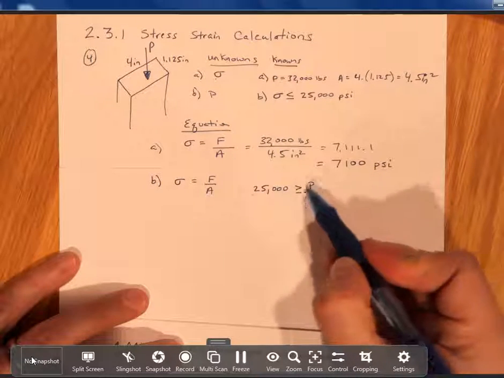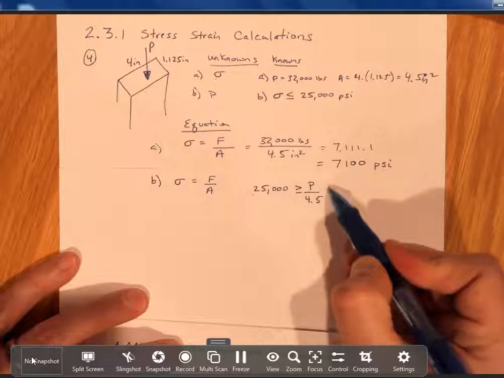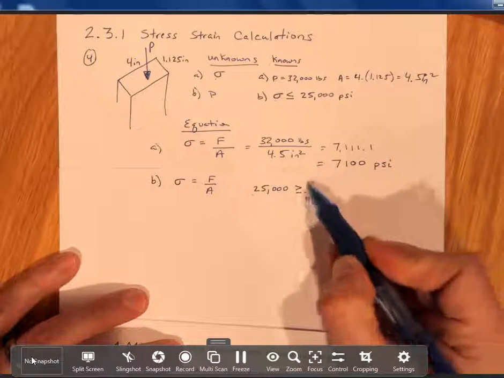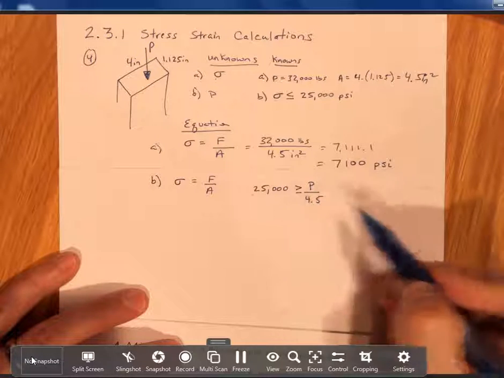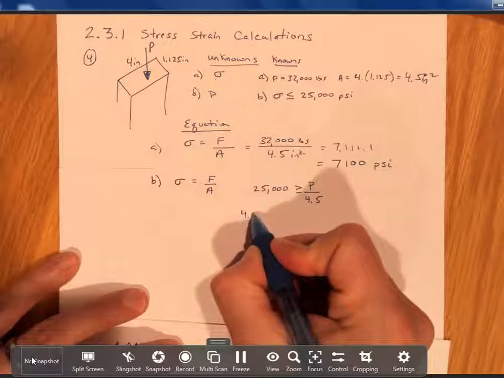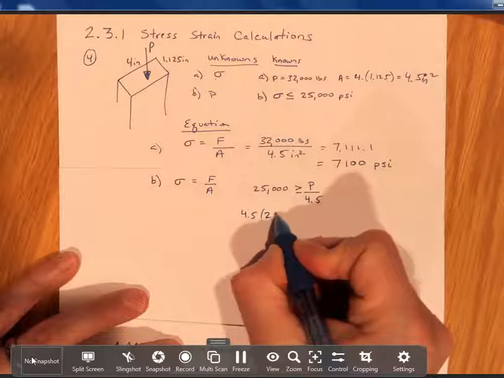Okay, so this right here we're solving for, setting up an expression that represents stress. Okay, with our variable in it that we're solving for, we want this to not exceed 25,000. So algebraically, I'm just going to multiply both sides of the equation by 4.5.